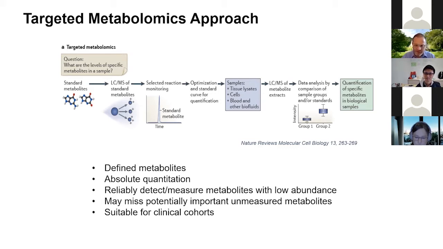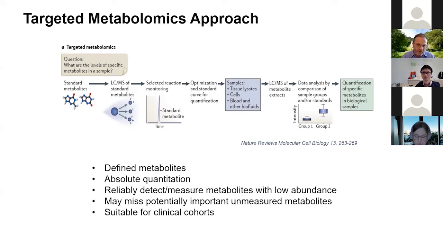So there are some advantages to this. You can pick and choose the things you want to measure and make sure you measure those things well if you think they're important. With this, you can do things like absolute quantitation. So you can know exactly how many micromoles or nanomoles or picomoles there are of that metabolite in your biologic sample. This, I think, is especially important when you do these large human clinical cohorts, where comparing between study groups or trying to set up some kind of threshold for diagnosis, you need to know an absolute number.